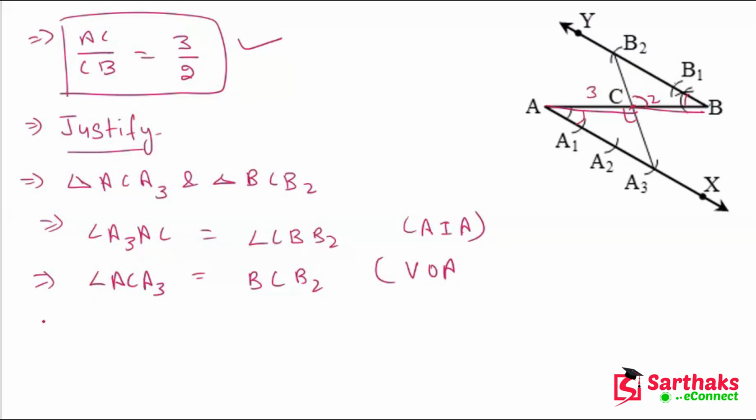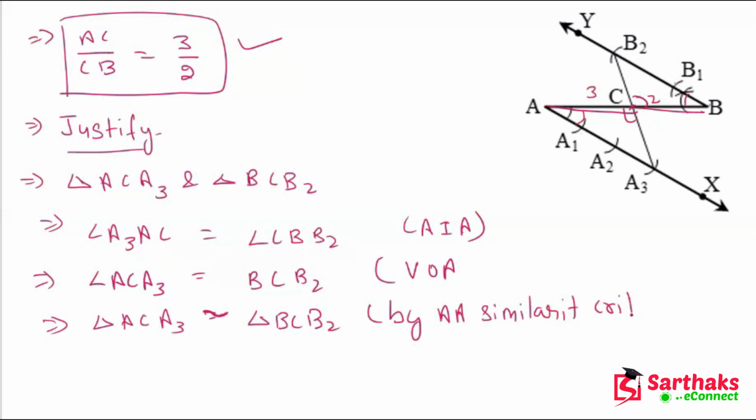So we can say that triangle ACA3 is similar to triangle BCB2 by the AA similarity criteria.